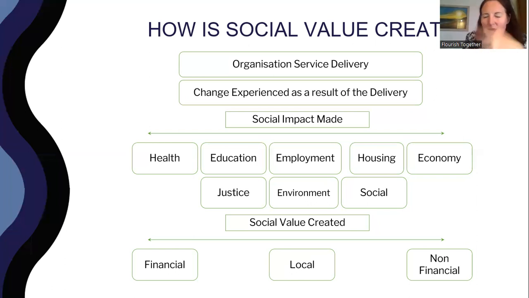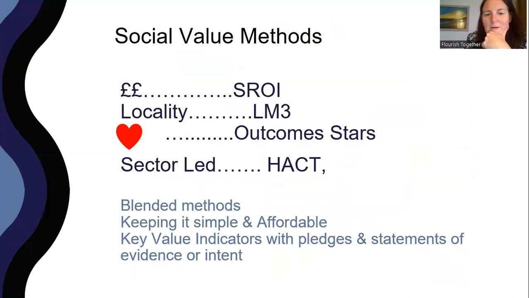And to help work out next steps from there, hopefully you're still with me, there are different social value measurement methods. And that's why we talked about the financial, the local, and other types of non-financial. So when we think about the cash value, we tend to think about things like social return on investment, putting a financial value on things and looking at what they call financial proxies.